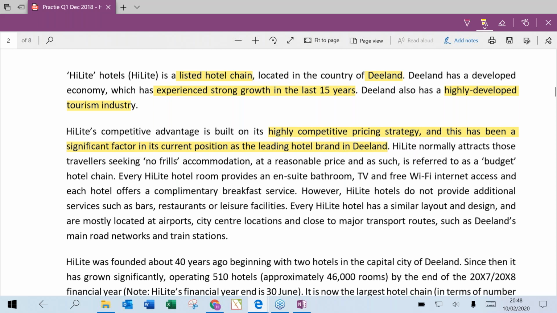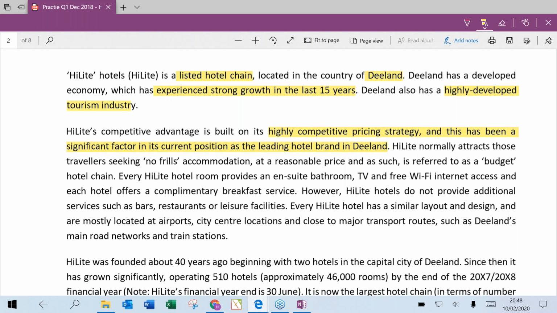They are a leading hotel brand, and the most significant factor is their competitive pricing strategy. Interesting. Highlight normally attracts those travelers seeking no-frills accommodation at a reasonable price and as such is referred to as a budget hotel chain. So we are a budget hotel. So no-frills strategy. That means we compete based on low price.